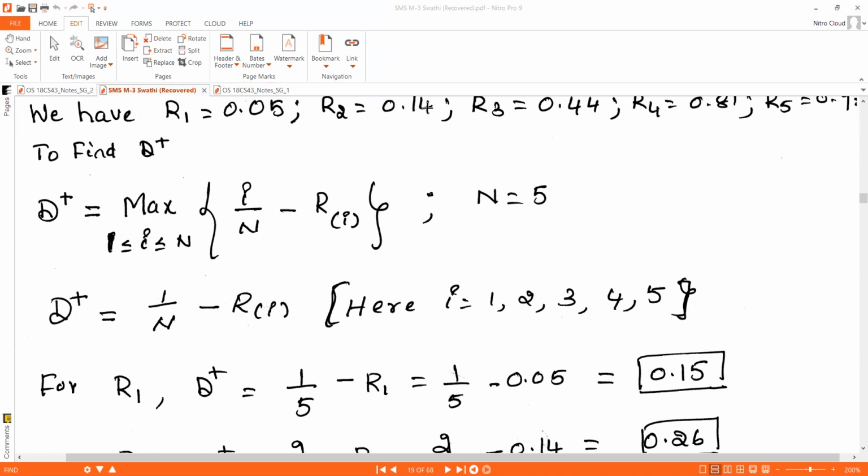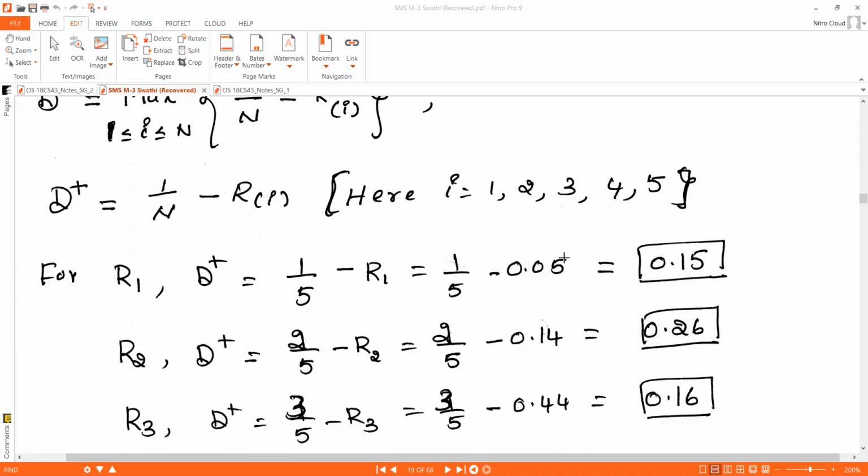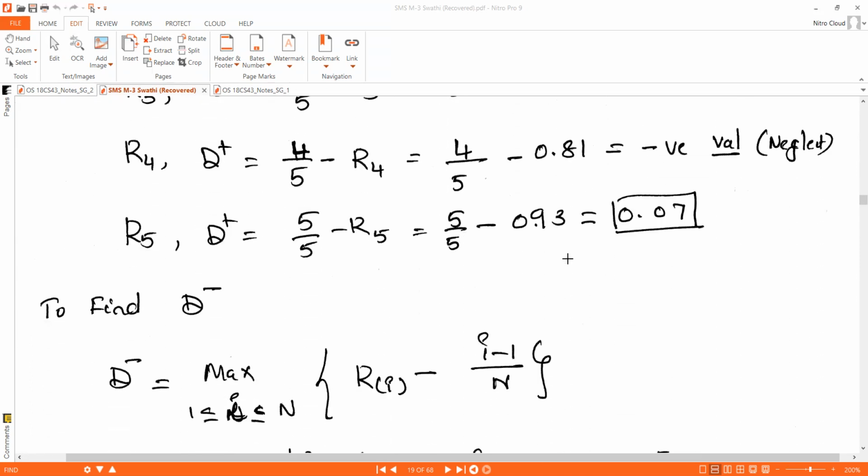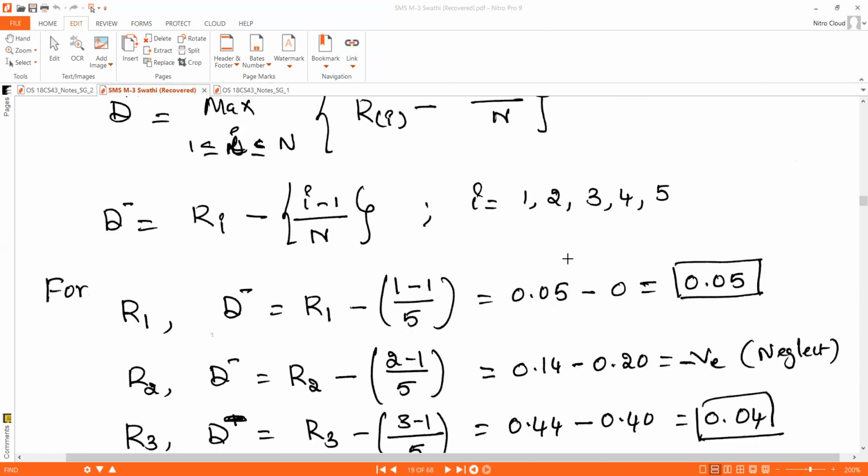We'll substitute it here in this R2 place. 0.14 minus (2 minus 1) by 5, that is 0.20. If you solve this, we will get some negative number. Whenever there is a negative number, in the algorithm they have asked us to neglect it. So we will neglect it here.